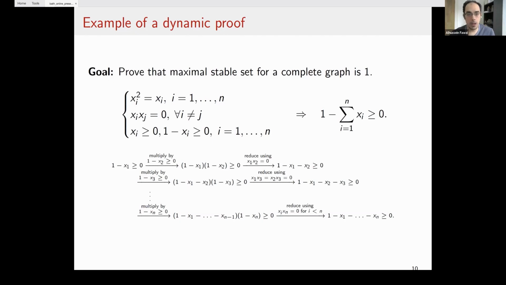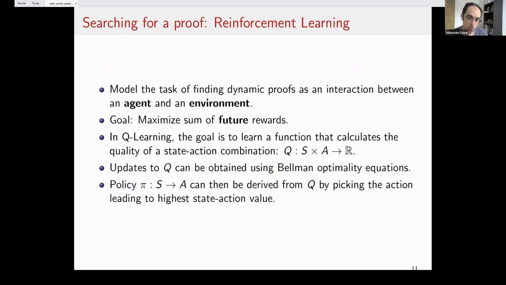Okay, so how do we find this proof? How do we find this path that I just showed, that starts from this 1 minus x1 till this 1 minus the sum of xi's is bigger than 0? What we are going to use is reinforcement learning, and we're going to model the task of finding this dynamic proof as an interaction between an agent and an environment.